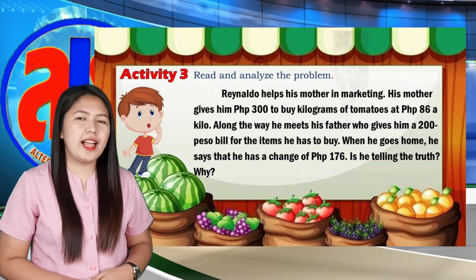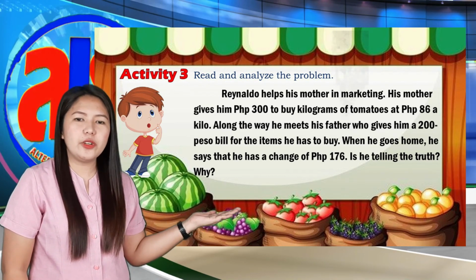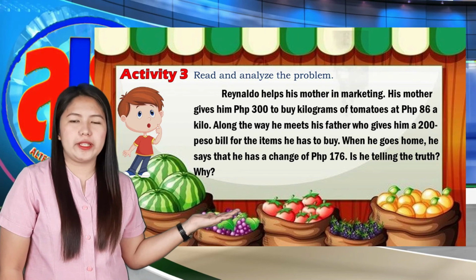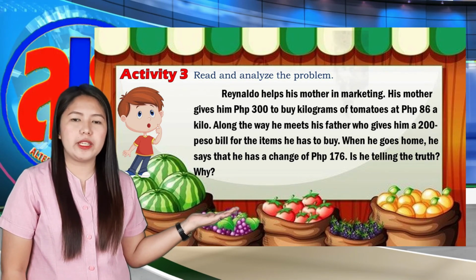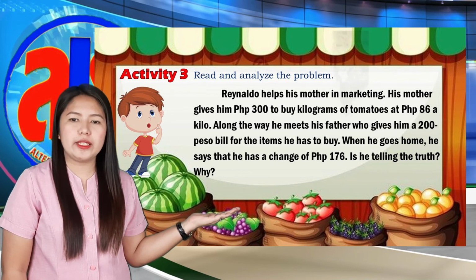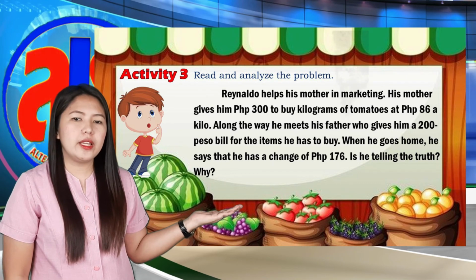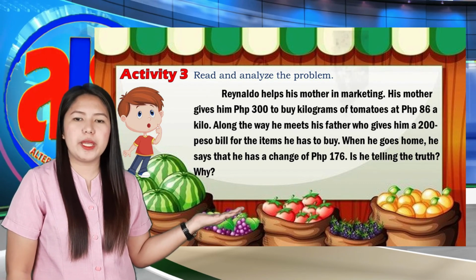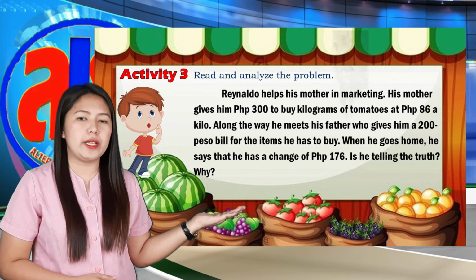Activity number 3. Let us read and analyze the problem. Renato helps his mother in marketing. His mother gives him 300 pesos to buy kilograms of tomatoes at 86 pesos a kilo. Along the way, he meets his father who gives him a 200 peso bill for the items he has to buy.